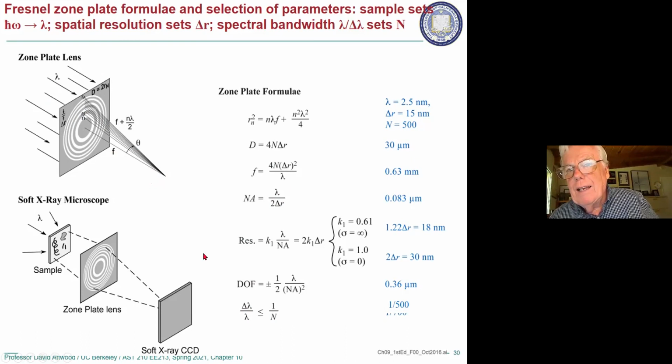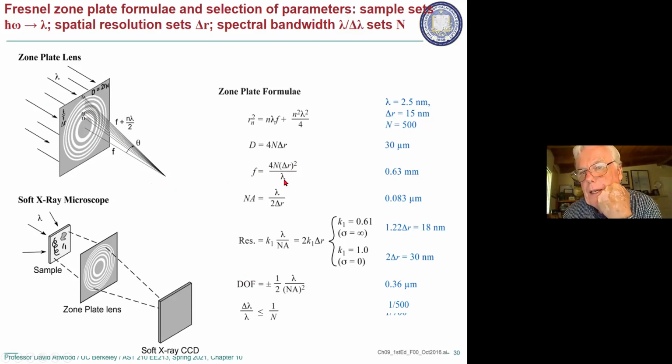And the reason for that is that the zone plate has 2 big disadvantages. One, its efficiency is of order 10%, a little bit less or a little more depending on certain factors. The other big thing is the focal length depends on 1 over the wavelength.